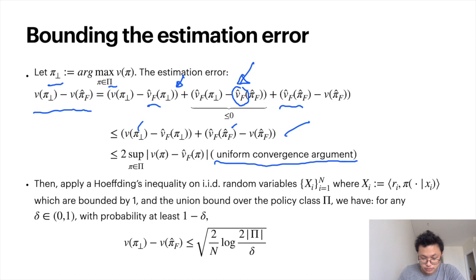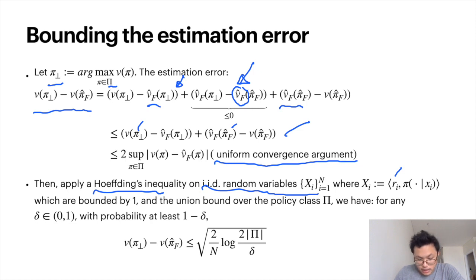And at this step, we just apply the Hoeffding inequality on the IID random variable Si. Here Si is the dot product between the entire reward vector Ri and policy pi given the context Si.